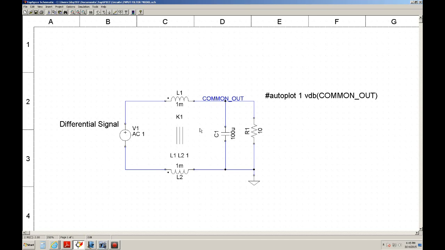Basically, this should have no attenuation. If we put 1 volt of noise here, I should have 1 volt of noise here. A differential signal would attenuate, but since it's common mode, it doesn't attenuate, or at least that's what the analysis that I just did showed. So let's see if it works.